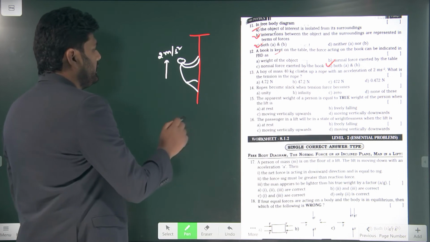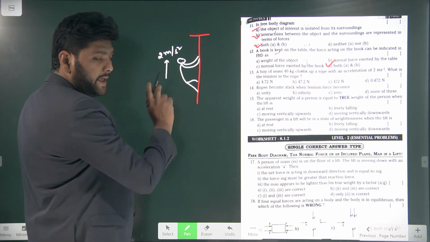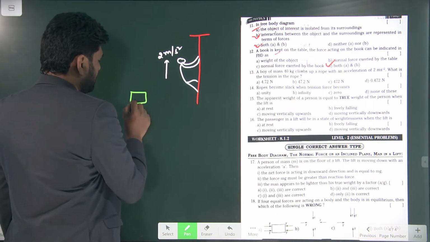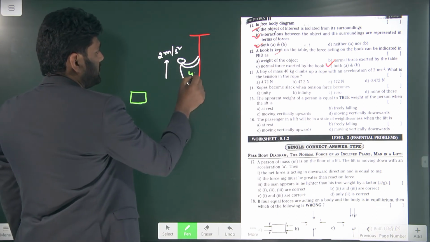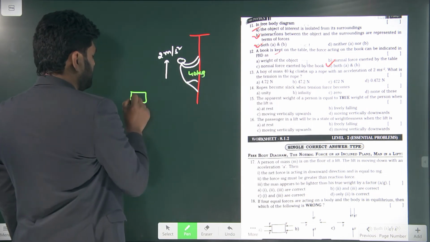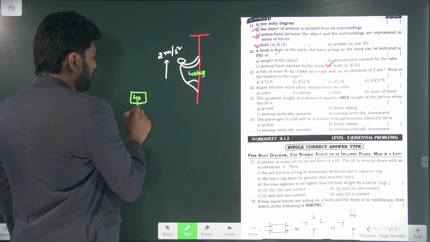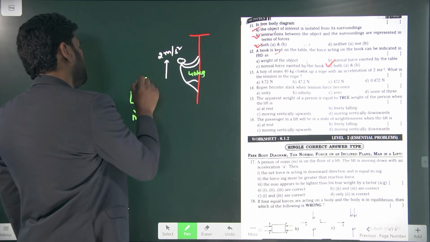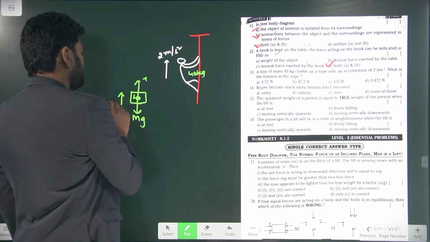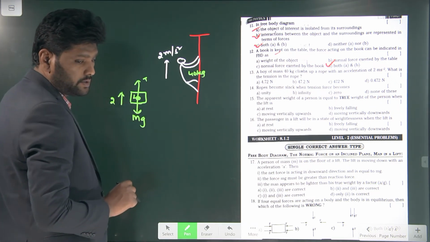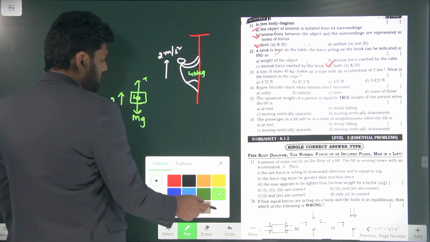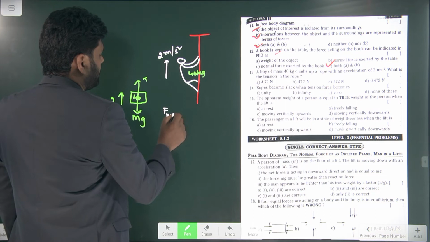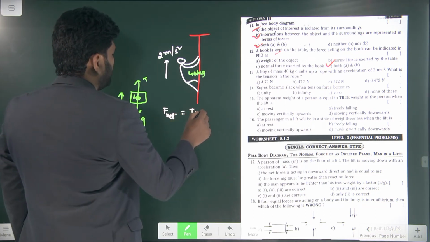To find the tension, imagine this man as an object. How many forces are acting on the object? The object has 40 kg. The weight of the 40 kg will act in the downward direction. Tension will act upward, but the body is moving with 2 meters per second squared acceleration. The net force acting on the body is tension minus mg.